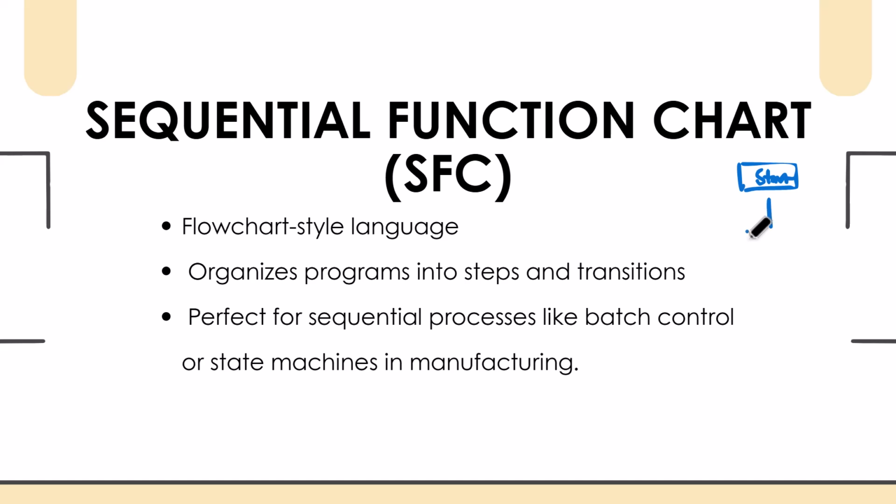First, we take a specific step, step 1, then we move on toward another step, step 2, and finally to the end of the logic. So it is a language like this. We have various transitions between various steps. It's a graphical, flowchart style language.